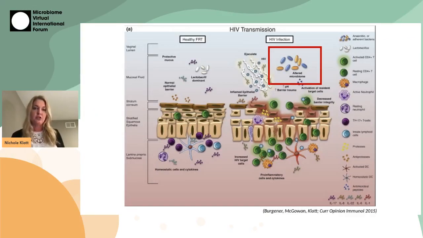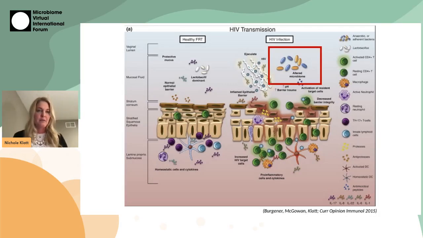This is just a cartoon. On the left side, you have an example of an ideal or healthy female reproductive tract, where you have an intact squamous epithelial barrier that blocks pathogens from coming through. You have homeostatic cells and cytokines that support this epithelial barrier, help prevent pathogens from coming through, and help maintain homeostasis in that community.